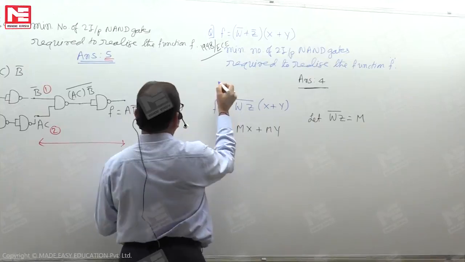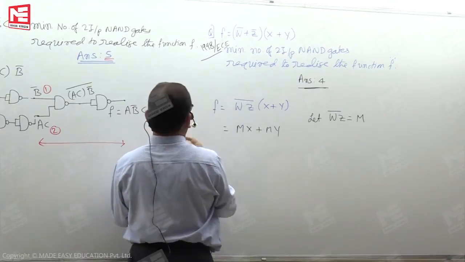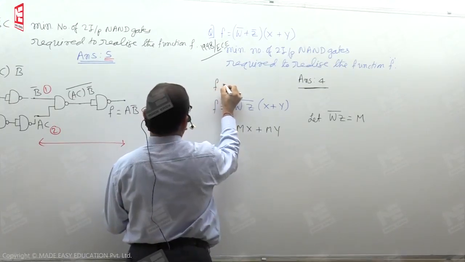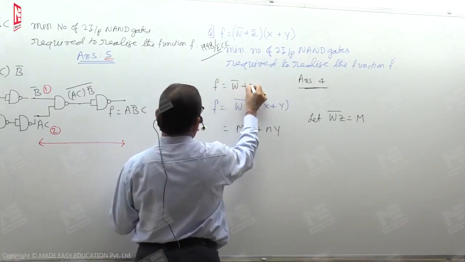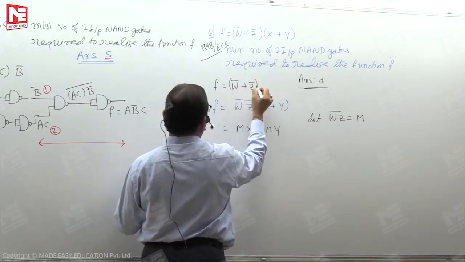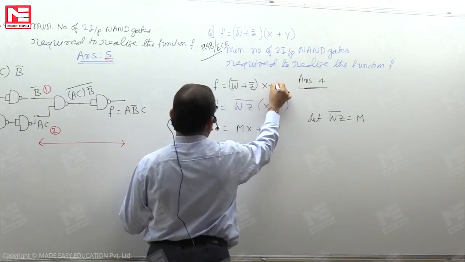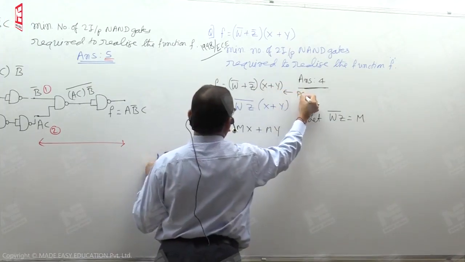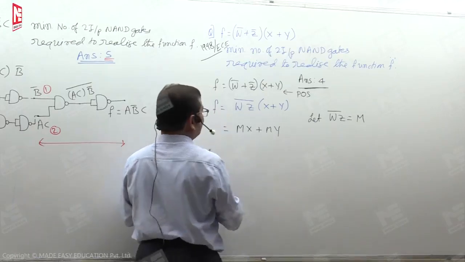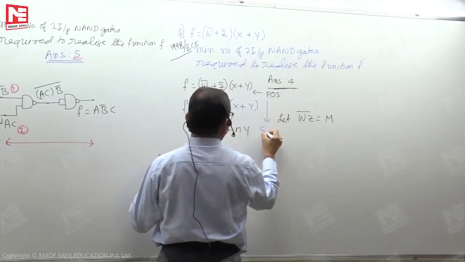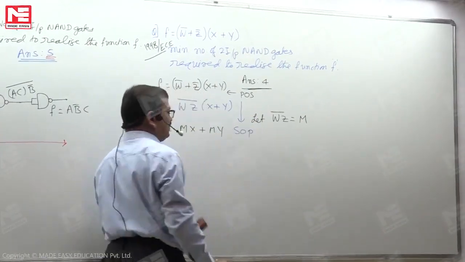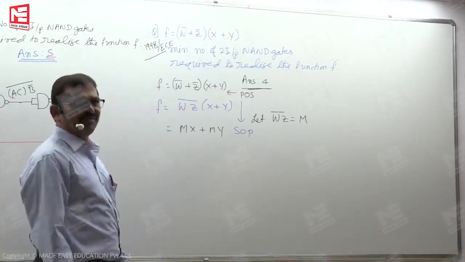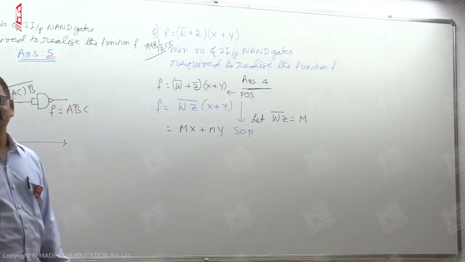So initially the given function was in the POS form. With this mathematical manipulation, we are changing it to SOP form. Once we change it to SOP form, almost the answer is complete.